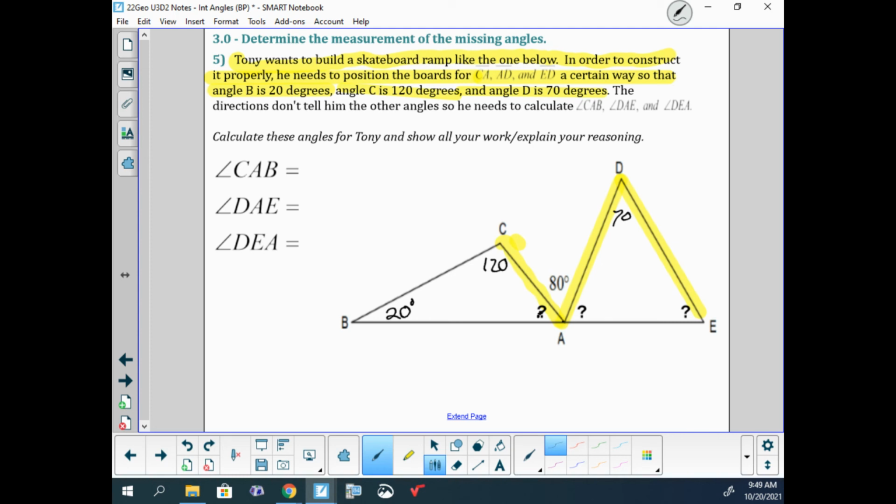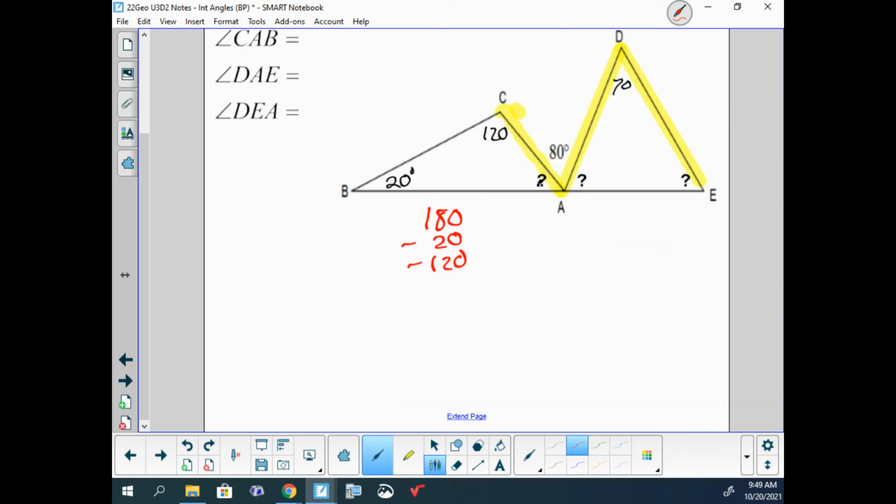So we can't start in the far right triangle because I don't know 2 of the 3, but I can work on this triangle here on the left. I know 20 degrees and 120, so that the total of 180 degrees in a triangle, subtracting one angle of 20, subtracting the other angle of 120, we can get my answer of 40 degrees.